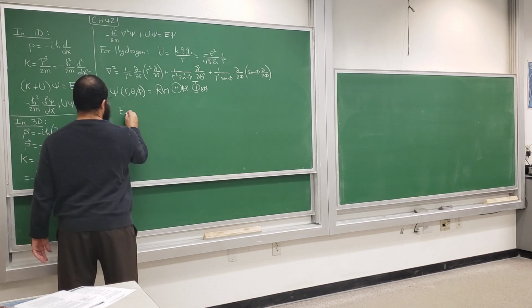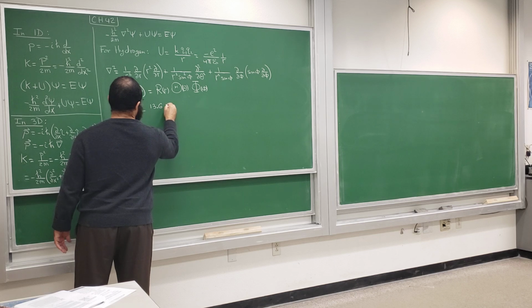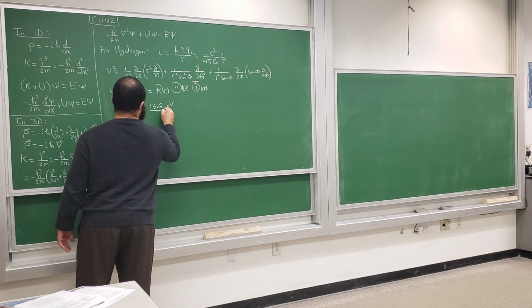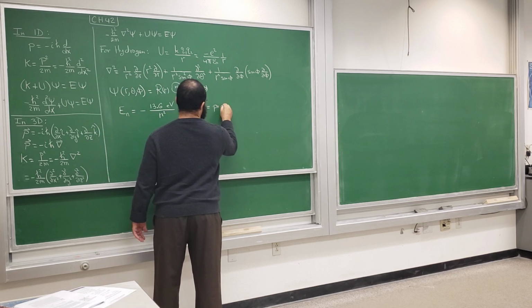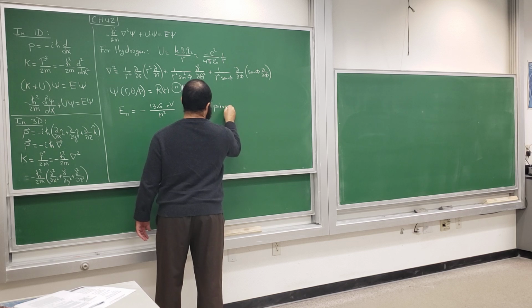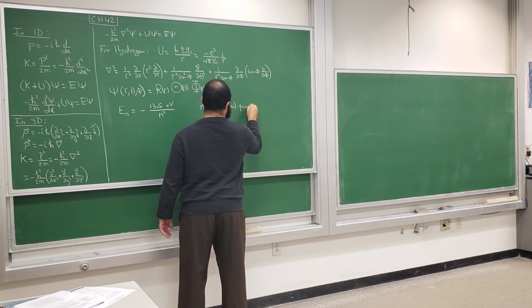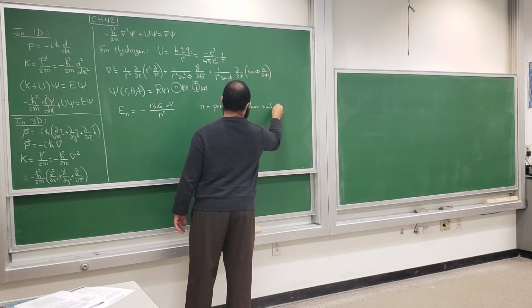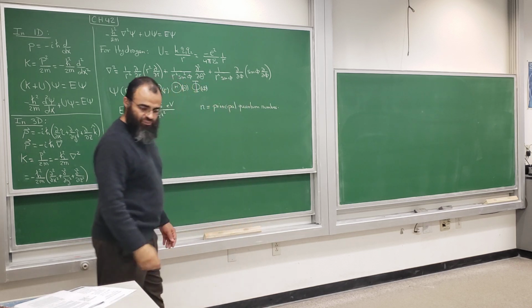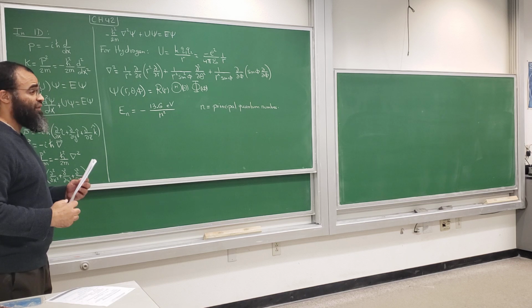It will tell you that E_n is equal to minus 13.6 eV divided by n squared. n is called the principal quantum number. And again, it will come out from the math.